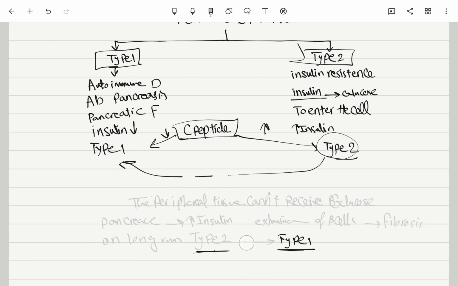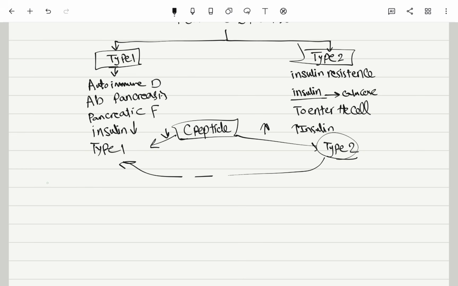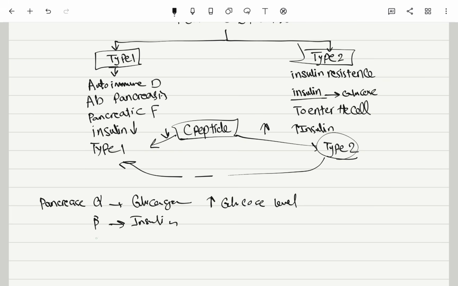As we mentioned before, the pancreas has a lot of cells. Alpha cells secrete glucagon that increases glucose level in the blood, while beta cells secrete insulin. Delta cells secrete somatostatin.